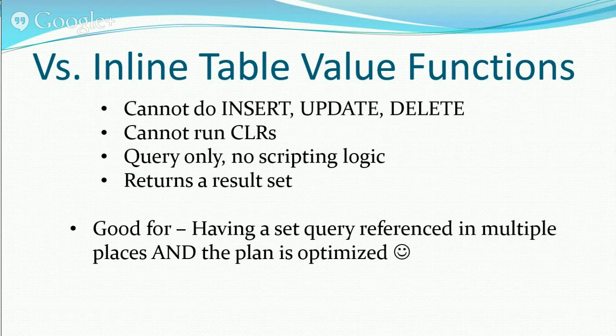When you write an inline or single statement table value function, you just say create the function as, and then your select statement. If you put a begin and end on there, then it treats it as a script, even with a single select.